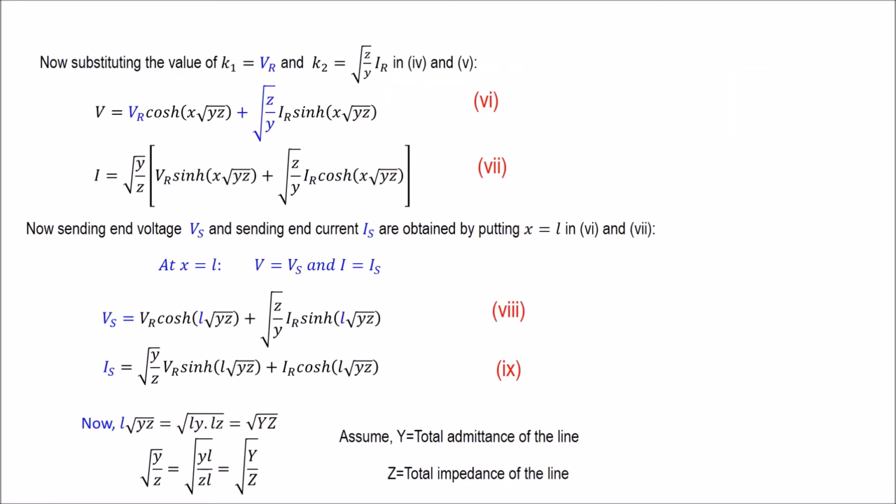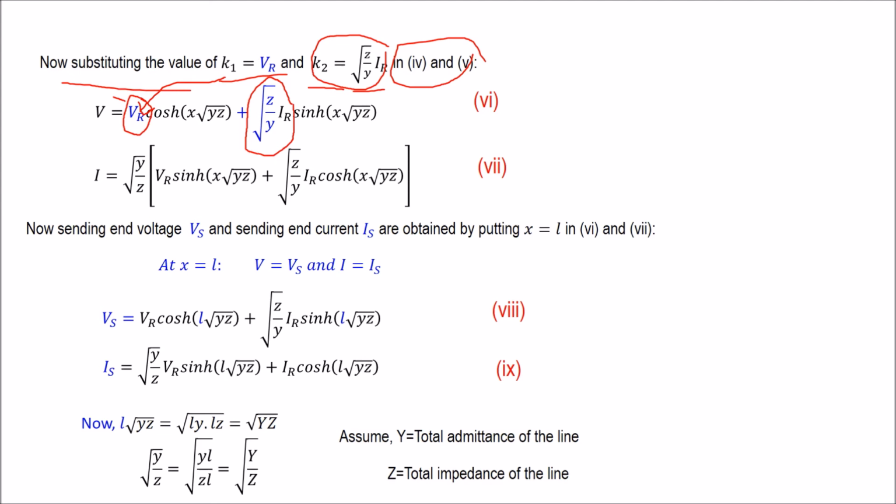Now in equations 4 and 5 we substitute the value of K1 equal to VR and K2 equal to √(z/y) IR. So after replacing we get VR here, where before it was K1. Similarly, this portion was K2, and we replace it by √(z/y) IR, right?